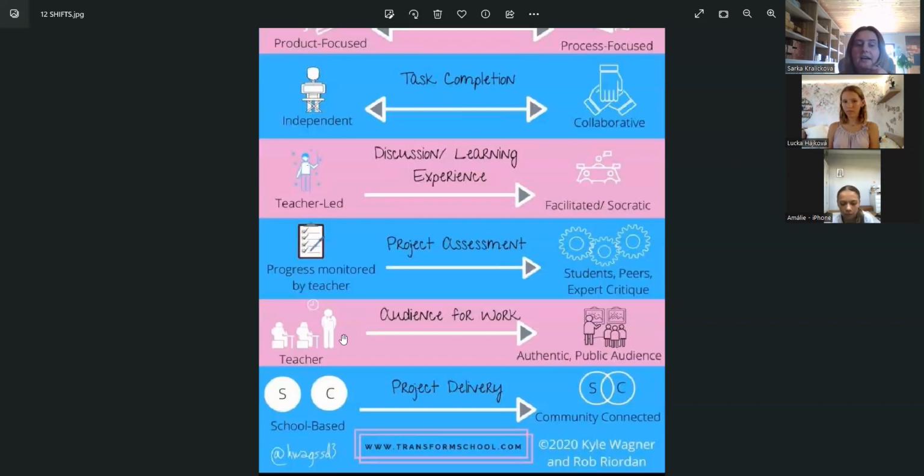Okay. The next one is audience for work. So as we said right now, actually, it might be led by the teacher, but maybe when you created the project, for example, your future school or so, you get authentic public audience because you are showing others what projects you actually made, and you can get the opinion.